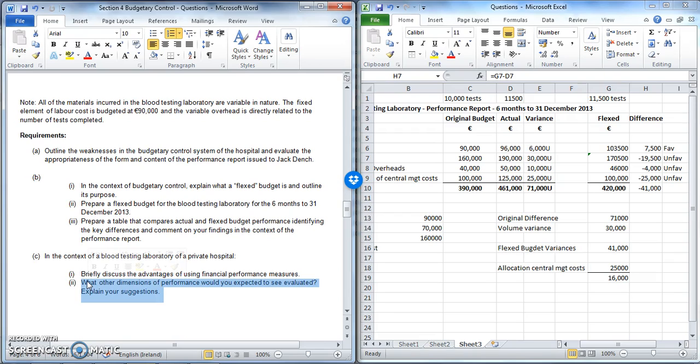So if there are new blood tests coming on, are you able to facilitate those, and how many new tests are you doing per year? So just a different perspective on performance evaluation. So that is LabCo for Section 4 Budgetary Control.